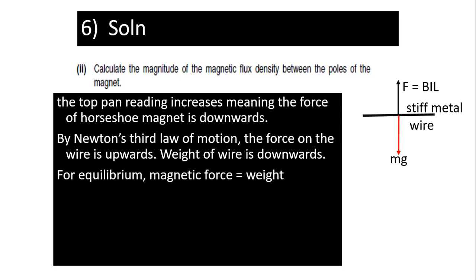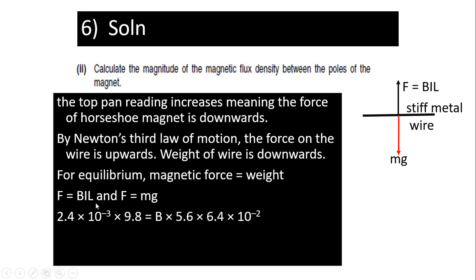There's your magnetic force, there's your weight. Magnetic force is BIL, weight is mg. So that's your mass, there's your g, 9.81. And there's your B, there's your current, there's your length, change it to meters, calculate your B.